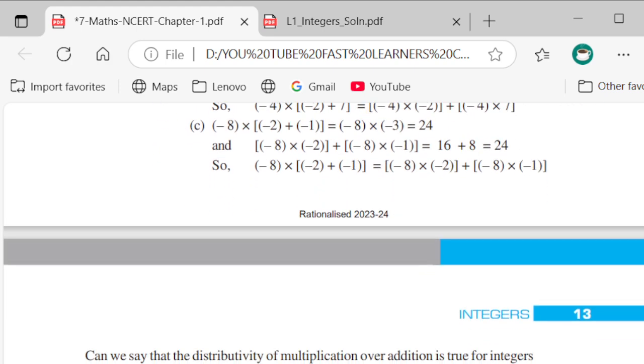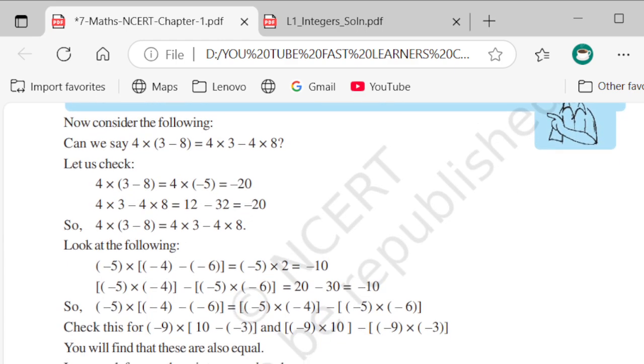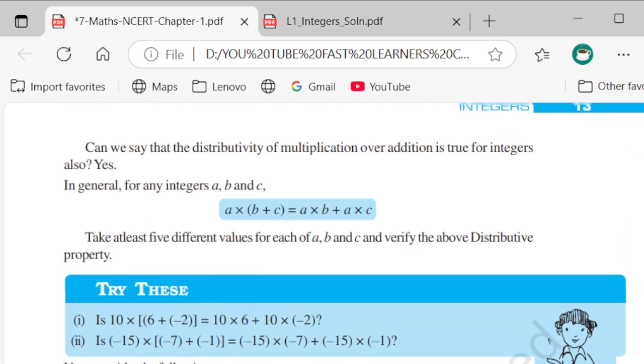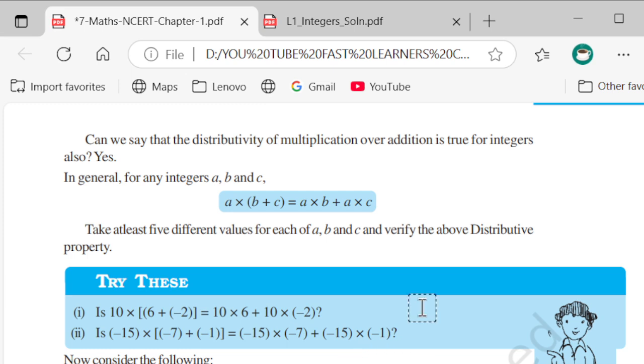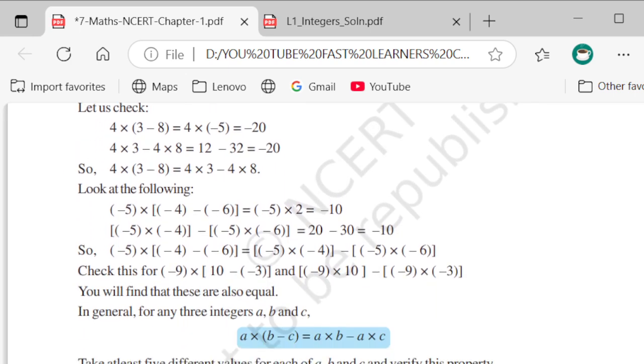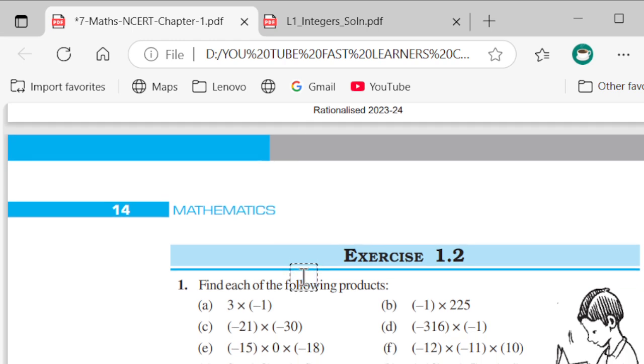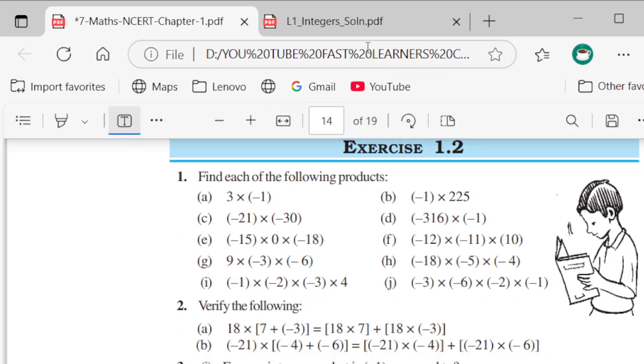This is distributive property. Check it out. And this distributive property is not only in addition, it is also there in subtraction. So please remember this. Now let's do the exercise.